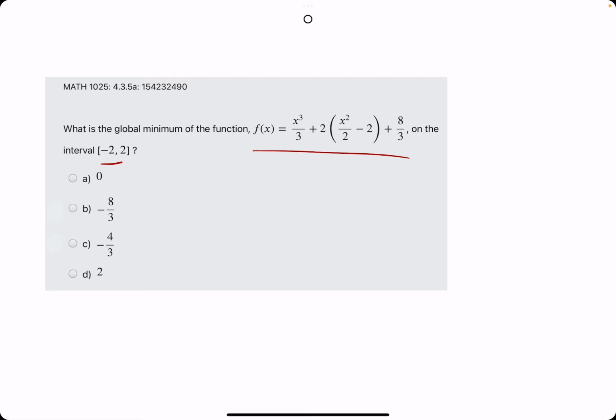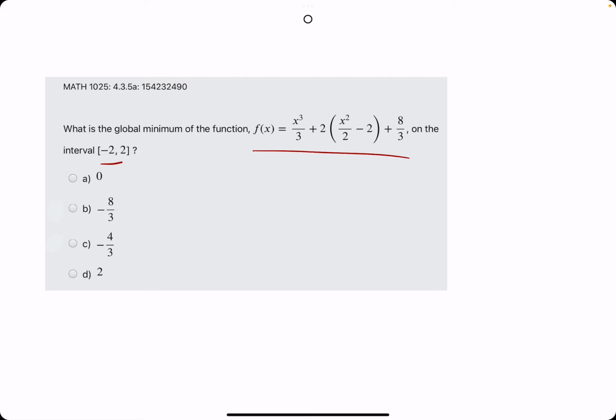The 2 is a coefficient, so it stays out in front while we take the derivative of the inside. So far we have 3x squared over 3 plus 2 times 2x over 2. The rest are just constants, so everything else goes to 0.